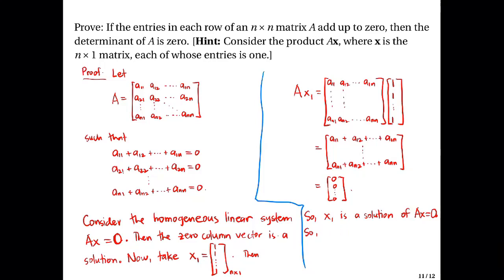So AX equals 0 has at least two solutions. And therefore, the determinant of A must be equal to 0. And that's the end of the proof.